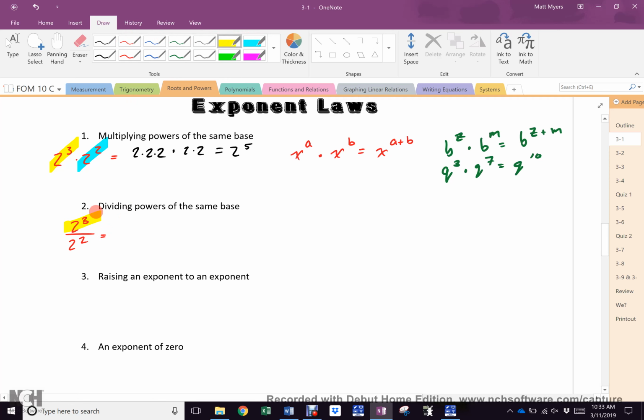What is that really? 2 times 2 times 2. What is that really? 2 times 2. What does 2 over 2 equal? 1. They cancel out. What does 2 over 2 equal? 1. What is 1 times 1? And what is 1 times 2? 2. So the answer is 2.